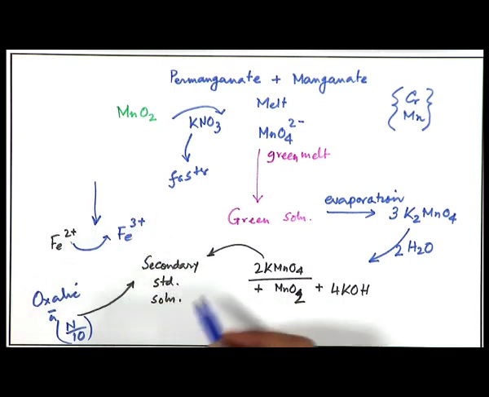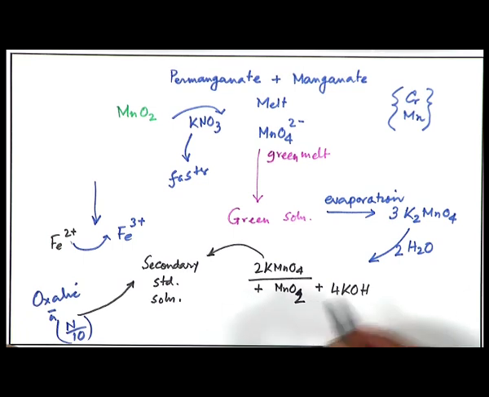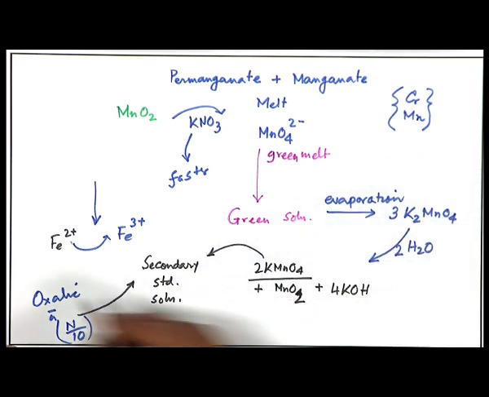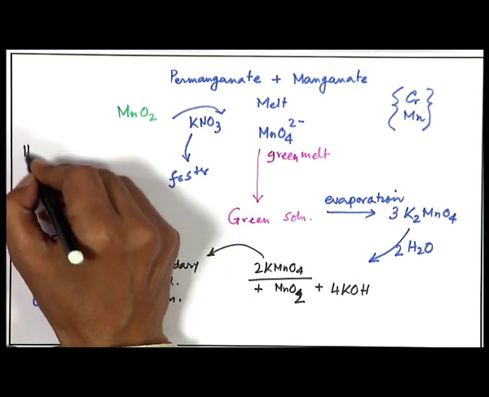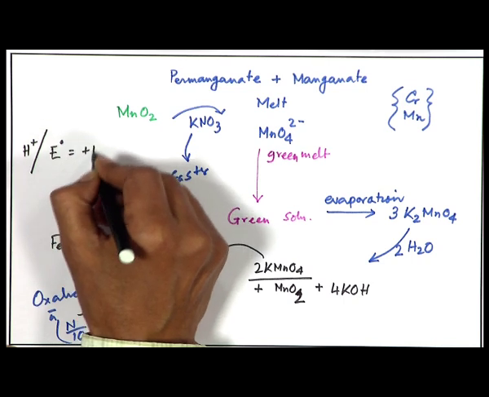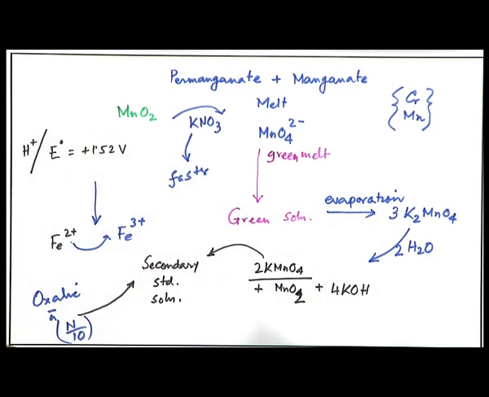Any other reducing species we can utilize for this. When we use potassium permanganate titration in acidic medium, that means H plus, its E0 value is plus 1.52 volt. But in all other cases the number of electron transfer is different.